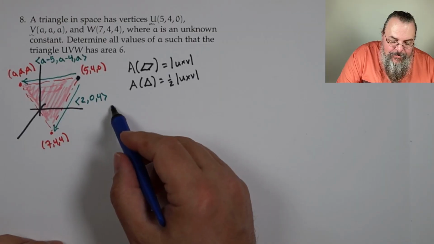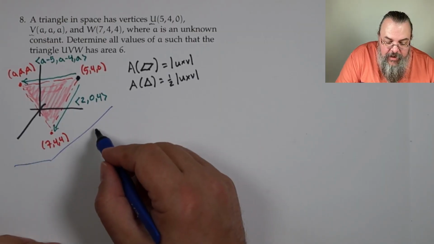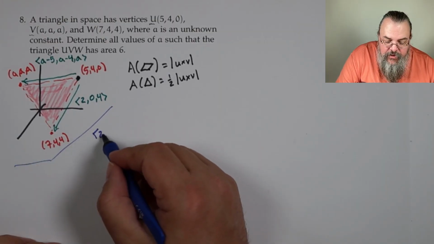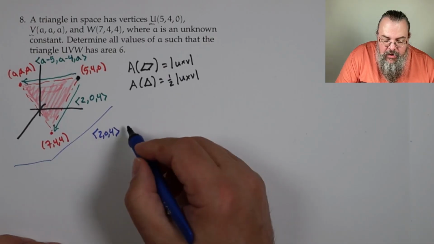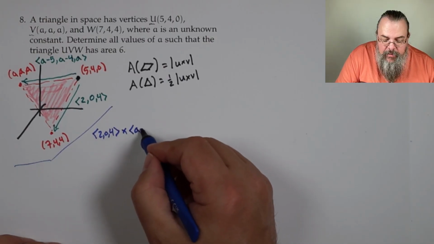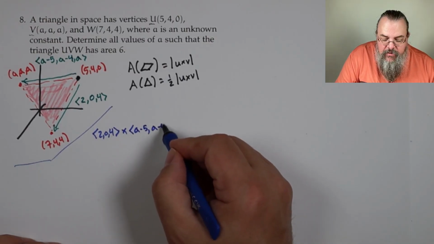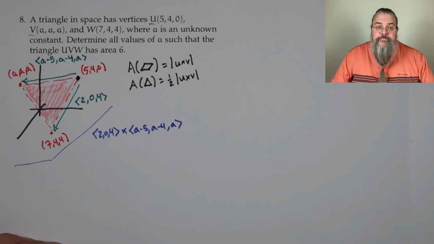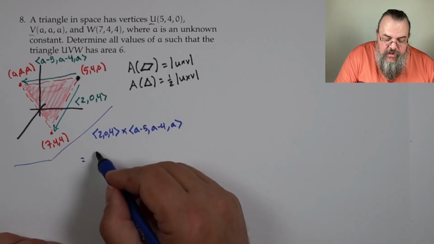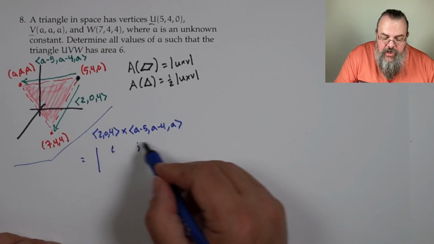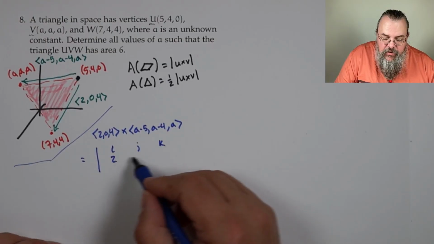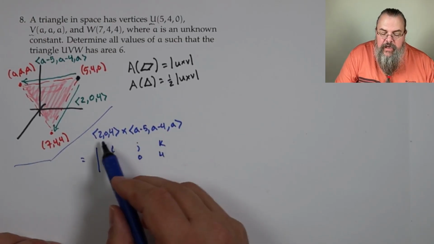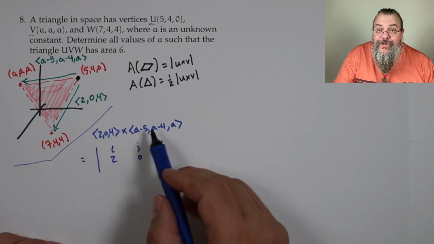We're going to take our vector ⟨2, 0, 4⟩ cross ⟨A minus 5, A minus 4, A⟩. So we write down i, j, k, 2, 0, 4. Again, don't worry about which one comes first.